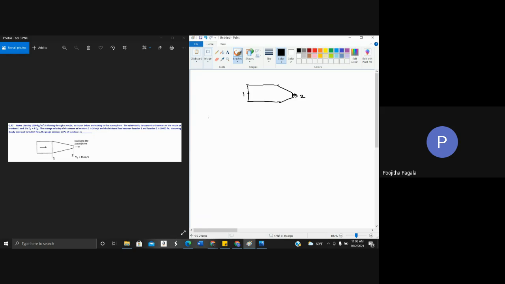We're going to have P1 by rho plus V1 square by 2 plus gZ1, plus, there is no pump, so I need not include the pump term, is equal to P2 by rho plus V2 square by 2 plus gZ2, plus I also need to include the losses.